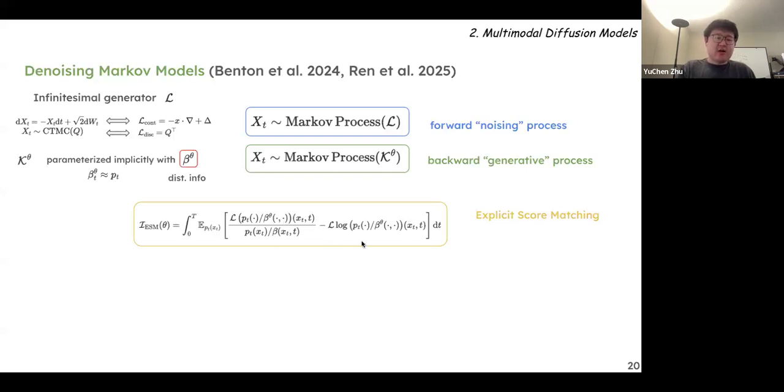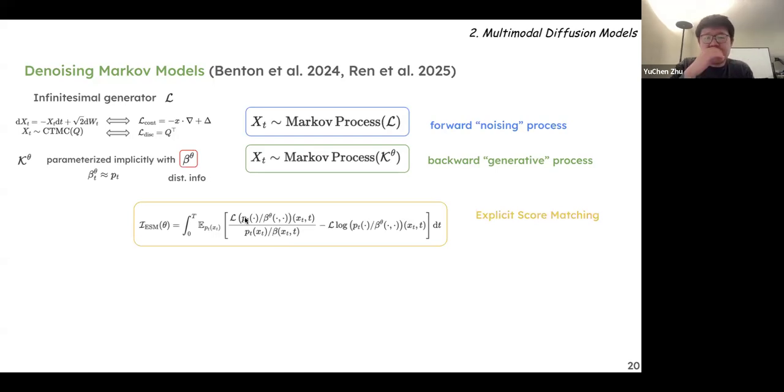If you look at this, you see that this objective pretty much only depends on the marginal of the forward process, which depends on how you choose the Markov process with generator L. And in the objective itself, it also depends only on this generator L. Of course, as the explicit score matching objective might suggest, this is not tractable for real applications because it contains this ground truth distribution p_t.